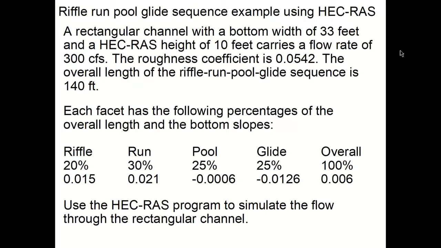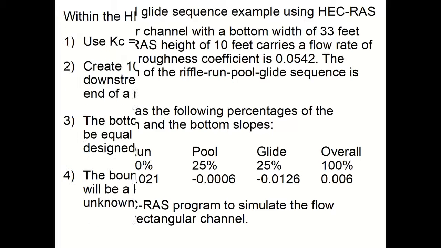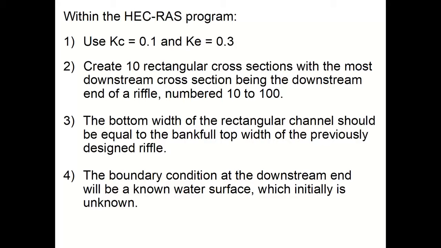So we're going to assume that this natural channel is rectangular just for the sake of computation. So within the HEC-RAS program, we're going to use the default coefficients for the losses related to contraction and expansion. So K sub C will be equal to 0.1 and K sub B will equal 0.3.